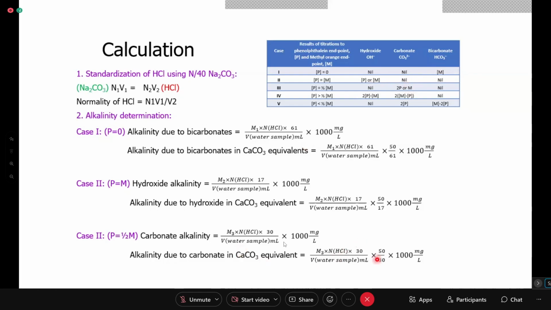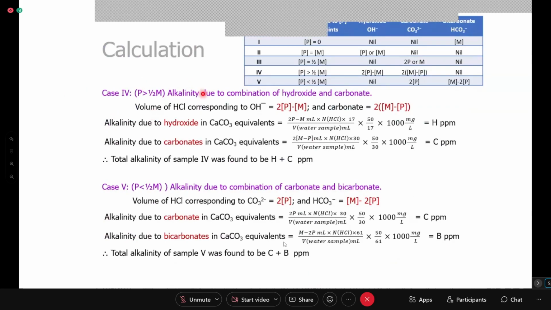So you calculate this. Again, when you calculate in CaCO3 equivalent, you are doing 30 into 50 by 30. 30 will cancel. You will say, madam, why are we doing this part? Why not multiply directly? But you should know that this is carbonate alkalinity, so make a habit of writing these again, 30 here and 30 here.